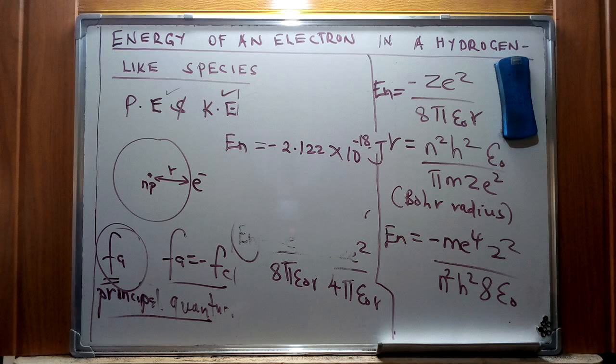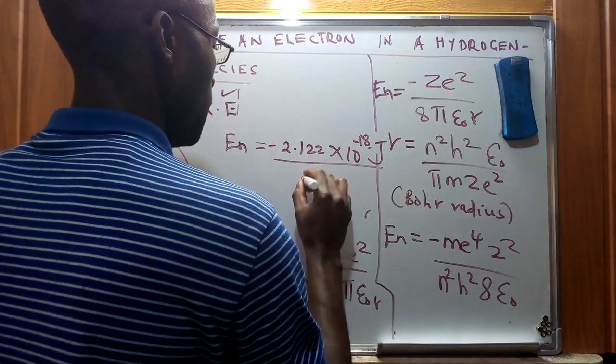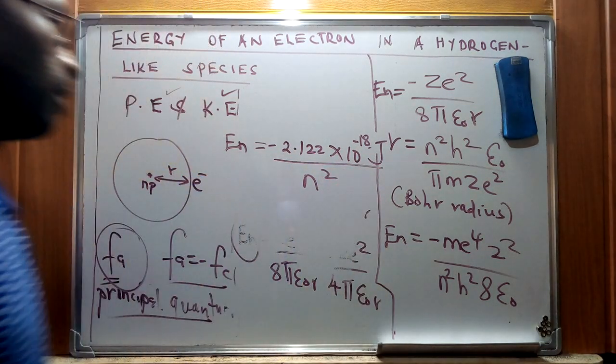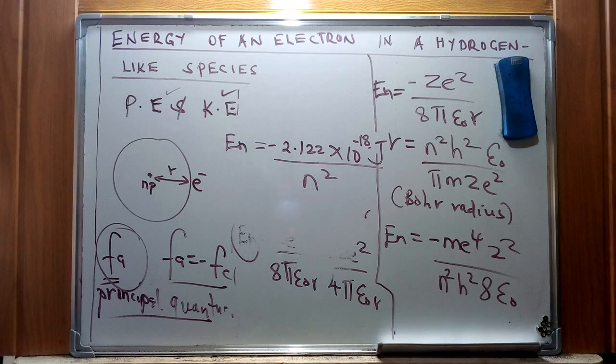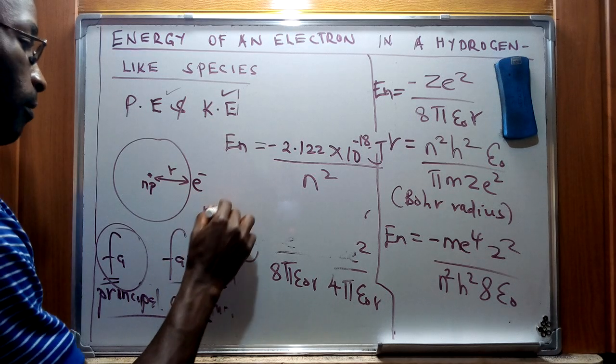I hope it's legible from that specific point. And then this is going to be over the ratio between this value and the square of that particular orbit, which is n. So for a hydrogen-like atom, we say that the value of n is equivalent to 1.